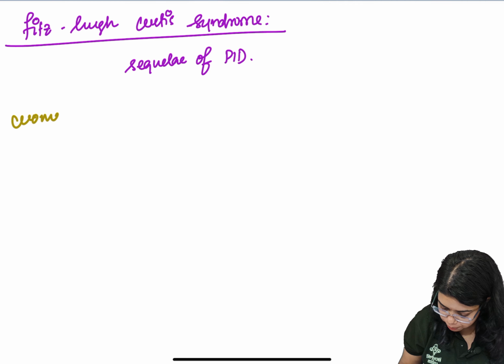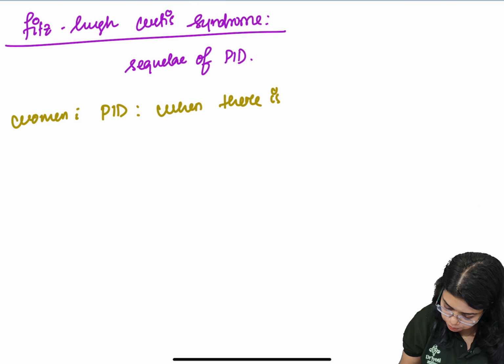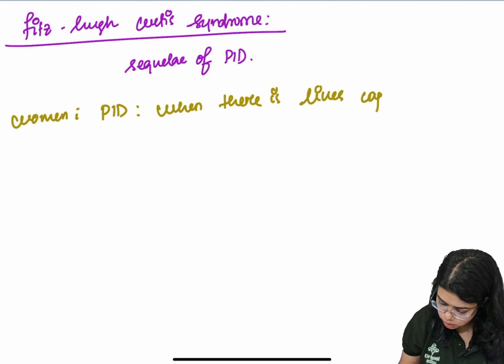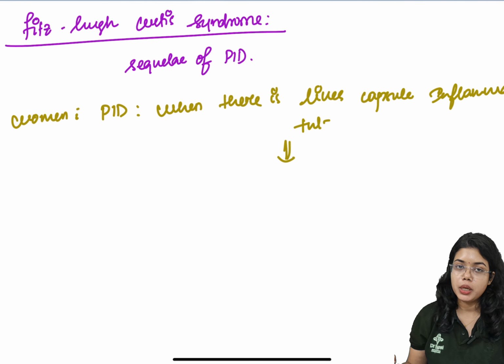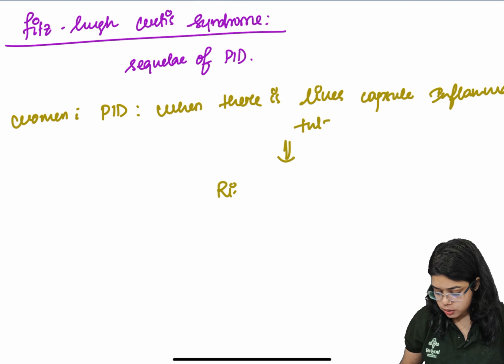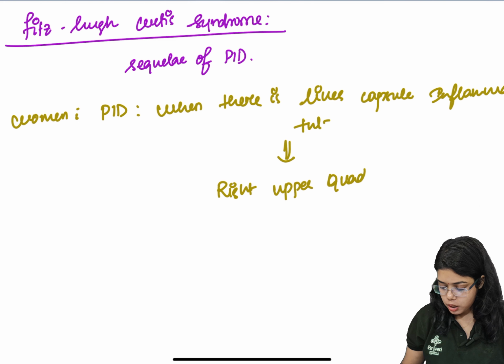In women with PID, when there is liver capsule inflammation due to active PID, there is right upper abdominal tenderness, right upper quadrant abdominal pain.